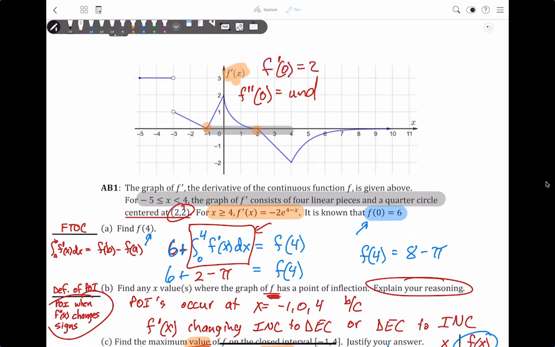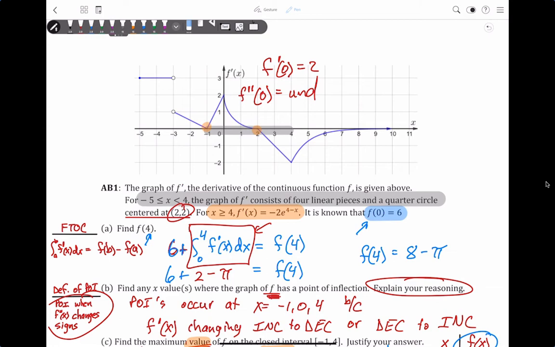If it was undefined, it would be like a hole in the graph the way it's written here, similar to that moment at x is equal to -3. So please make sure that you're not misinterpreting the cusp and saying f prime is undefined, because that's not the case. It's not undefined here, because we know that the y value of f prime at 0 is 2. It's undefined if you're evaluating it as f double prime at 0.